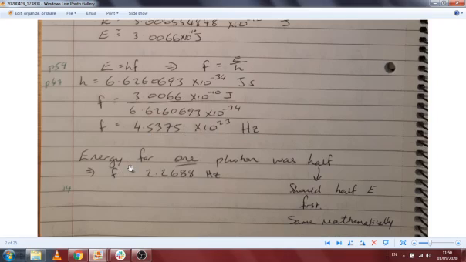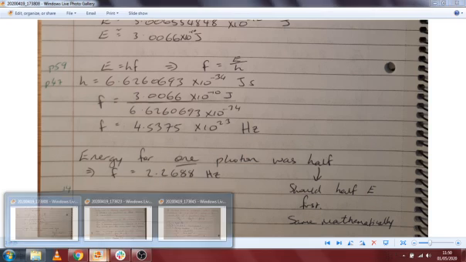So I split it in two and I get the frequency for one. I would have divided the energy by two. That's probably a bit of a better way to go about it, because that energy is split between the two of them. Then you would have half of that value on top of Planck's constant to get the frequency of one, but it's the same thing mathematically. So your answer, whichever way, is 2.2688 hertz, and again, remember to include your units.